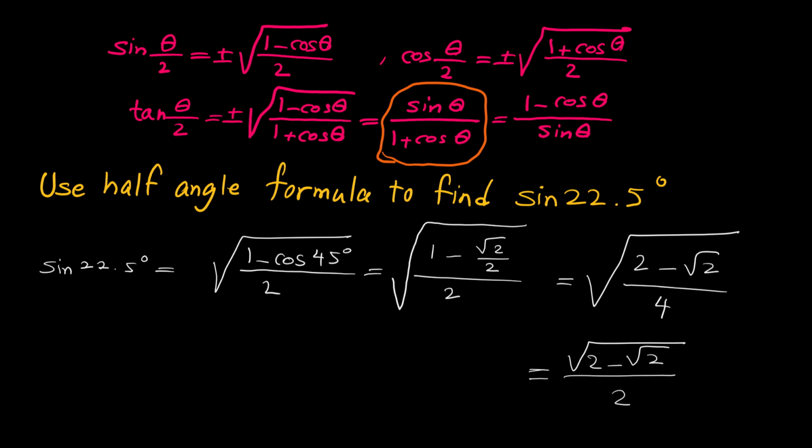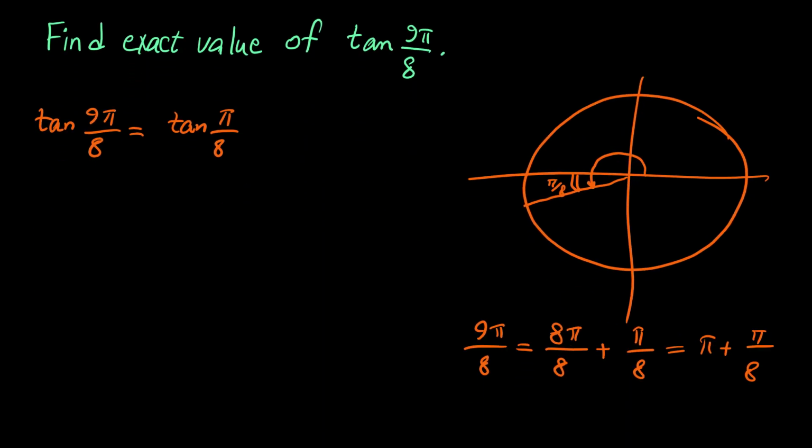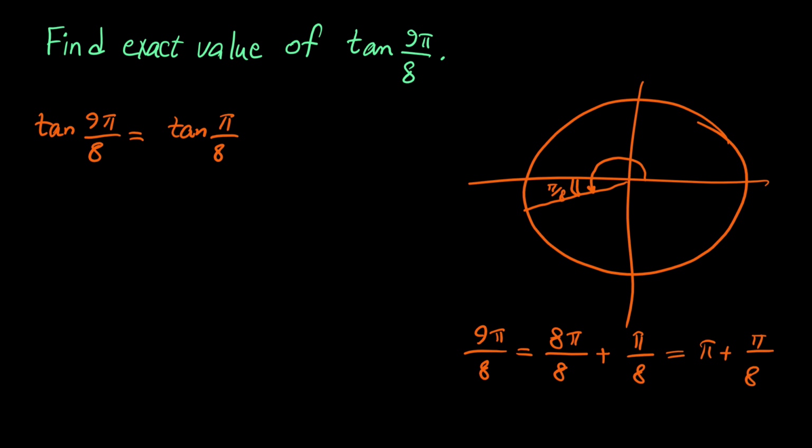Tangent of theta over 2 is sine theta over 1 plus cosine theta. You can try with the other formulas and you will see that the answer at the end would be the same. Based on that formula, tangent of theta over 2 is sine theta over 1 plus cosine theta.